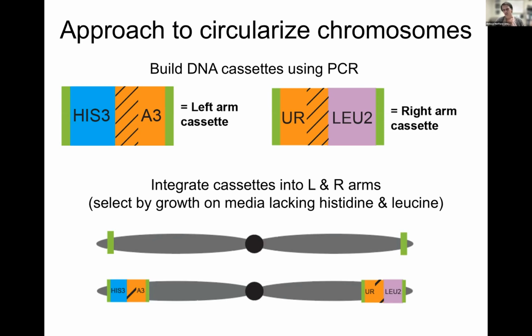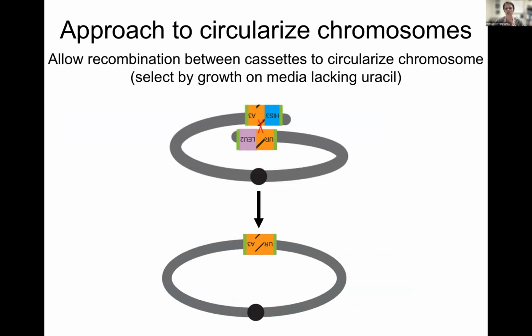So once we've got a strain that has both of these cassettes integrated into the chromosome arms, then we can allow recombination to occur between that overlapping region of the URA3 gene. When that DNA recombination event happens, it is going to create an intact version of the URA3 gene, and it's also going to cause loss of the telomere terminal regions, including the Leu2 and His3 selectable marker genes.